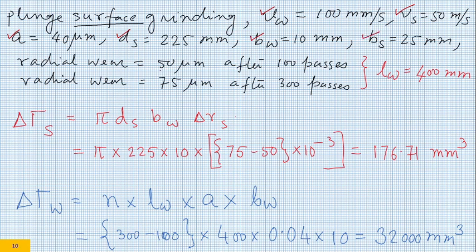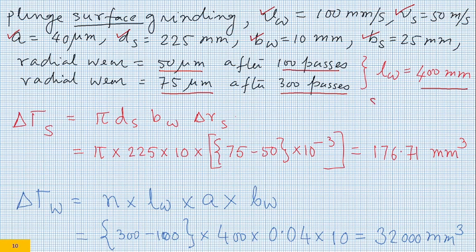Now you have a radial wear of 50 micron after 100 passes, and after 300 passes, that is cumulative, altogether 300 passes, your radial wheel wear is 75. Length of the job is 400 millimeter, and you have been asked to calculate the G ratio.